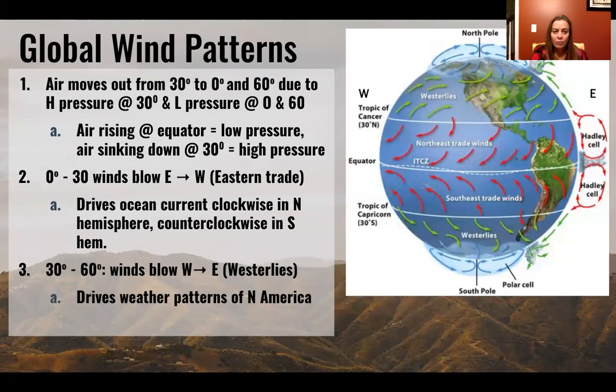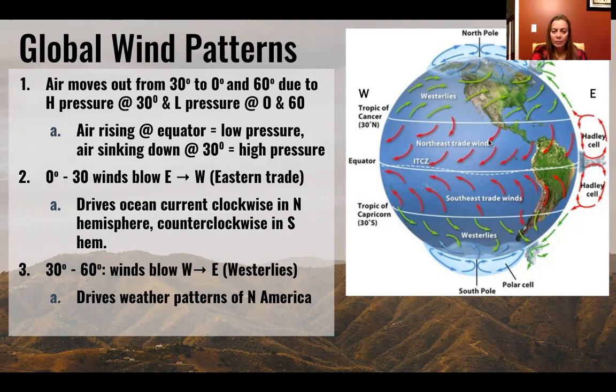So these are our global wind patterns. Air moves out from 30 degrees to the equator and from 30 degrees to 60 degrees because there's this area of high pressure at 30 degrees and low pressure at 0 and 60. So the air that rises at the equator creates an area of low pressure, and sinking down at 30 degrees gives us an area of high pressure.